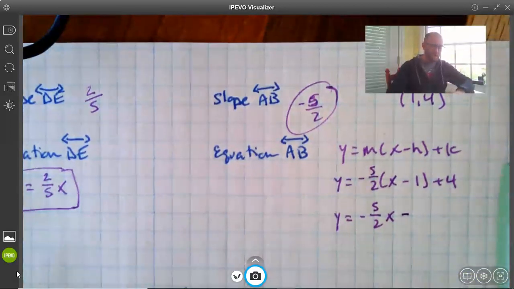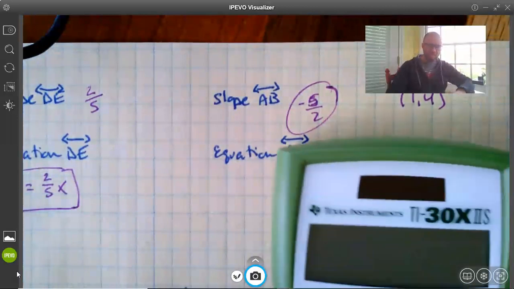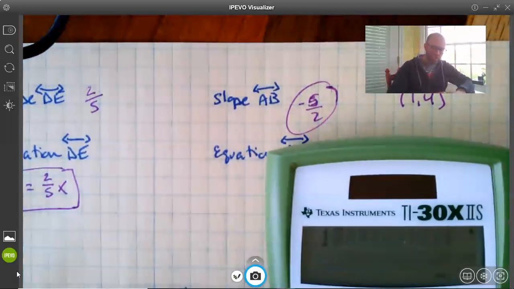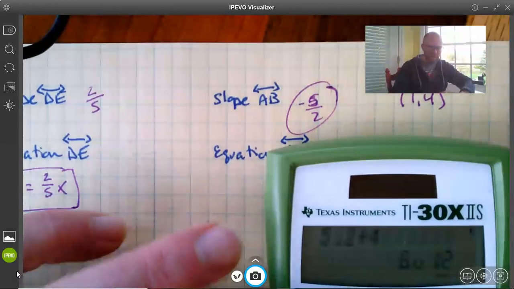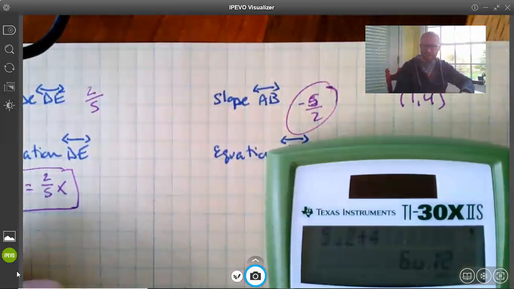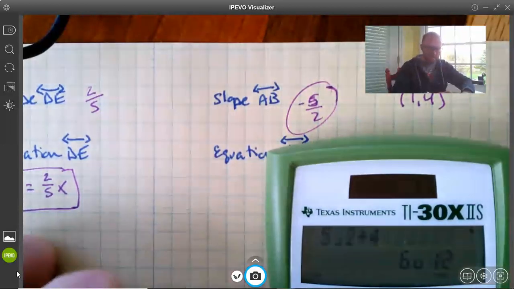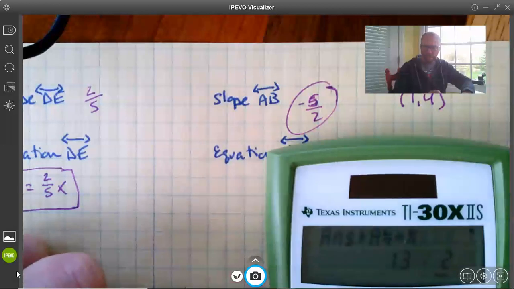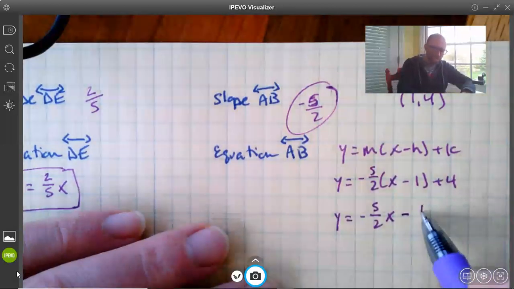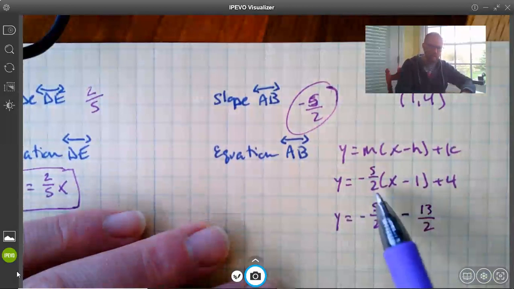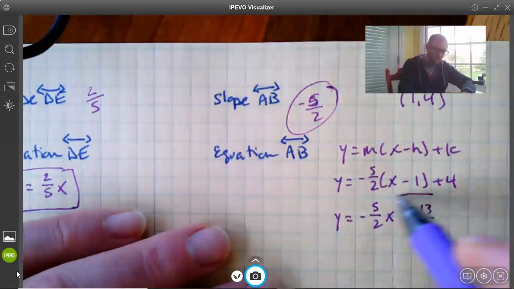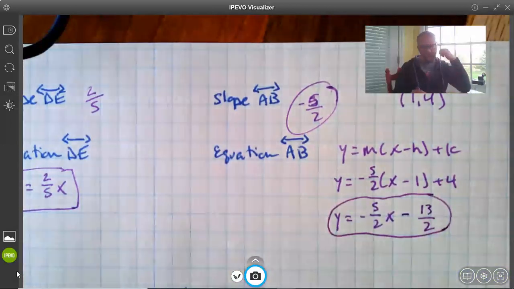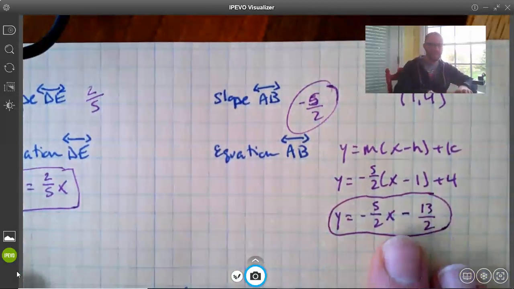Alright, so it's going to be plus 5/2 plus 4. 5/2 plus 4 is 6.5, which is 13/2. So that's 5/2 times 1 plus an additional 4 there. 13/2.